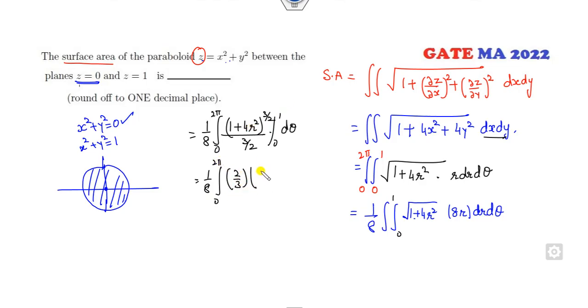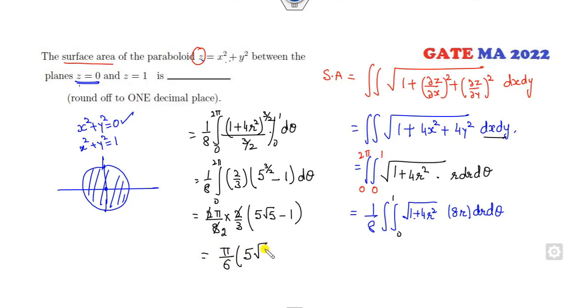When you take 1, it is 5 raised to power 3 by 2, and when you take 0, it's 1. Now this is a constant value, so it is 2 pi over 8 into 2 over 3. This value will be 5 root 5 minus 1. So 2 to 4, 4 to 8, so pi over 6 into 5 root 5 minus 1. You can use the round off figure. Root 5 is 2.7, and then you can use the calculator to get your right answer here.